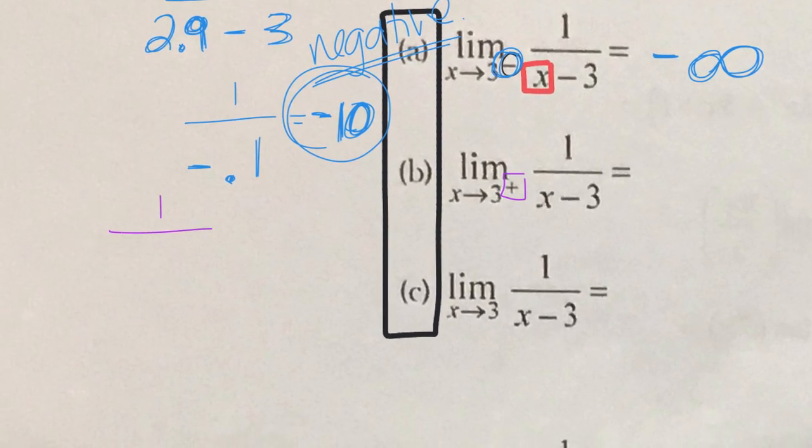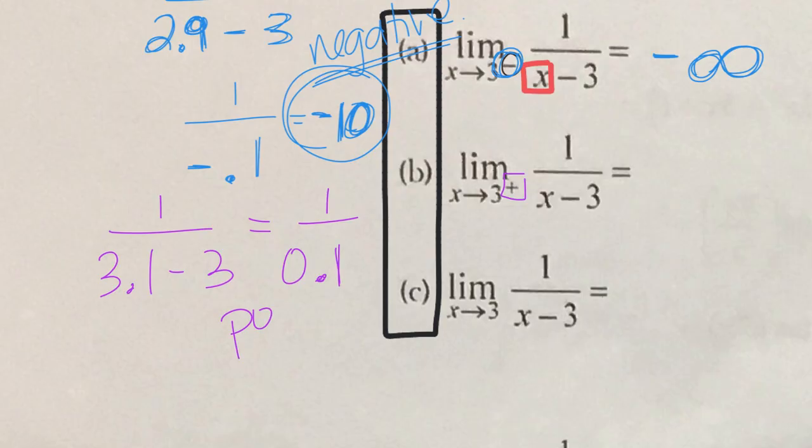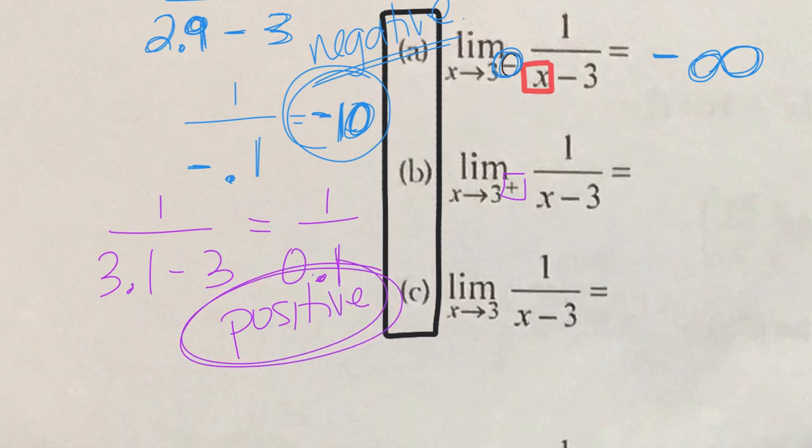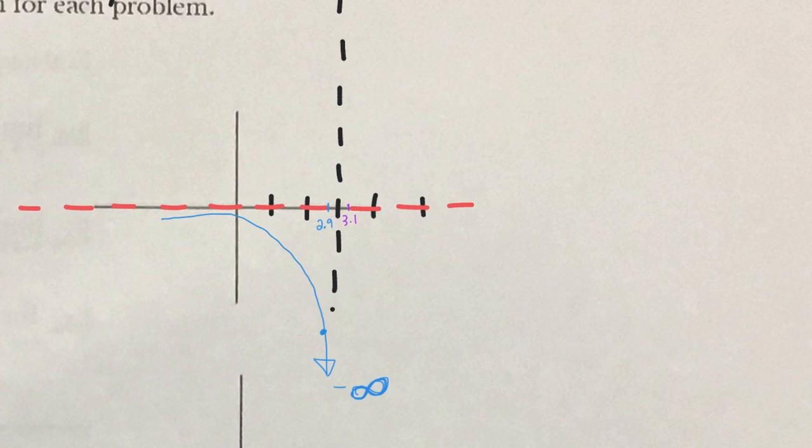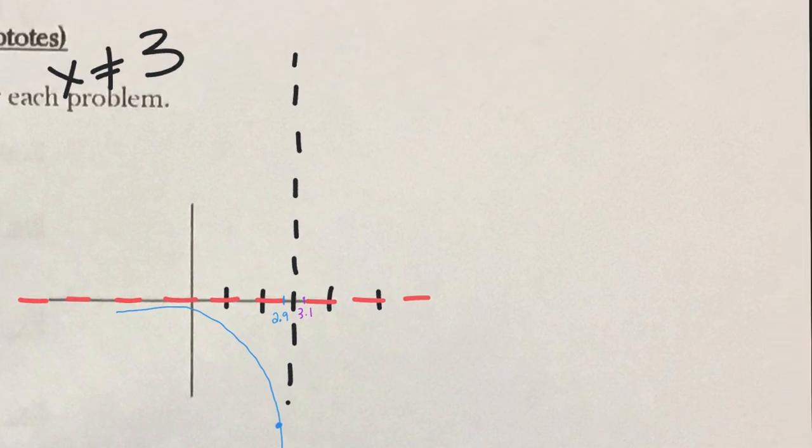So 1 over 3.1 minus 3 is 1 over positive 0.1. 3.1 minus 3 is a positive value. That's the key, because positive values are above the x-axis. So at 3.1, my graph is up there.